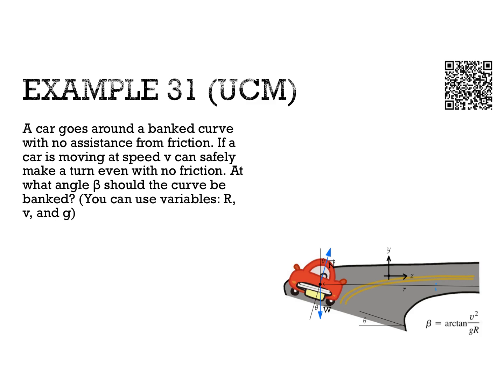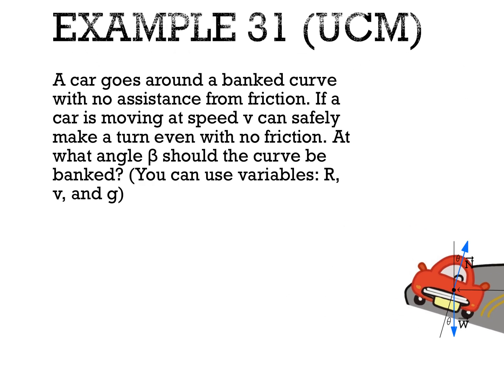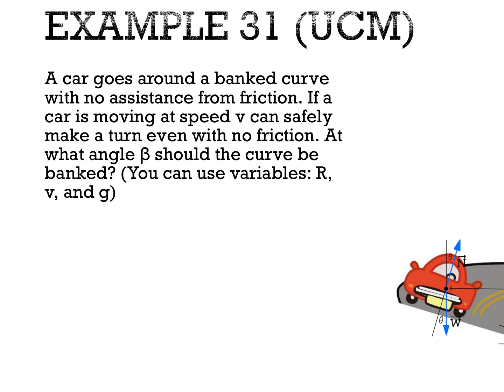All right. So now if you take this guy, it says car goes around with no assistance from friction. If it's moving v, what angle should the curve be banked? Well, we know from the previous example, the velocity is equal to the square root of rg tan theta. So we just go back to v squared equals rg tan theta and solve for theta.